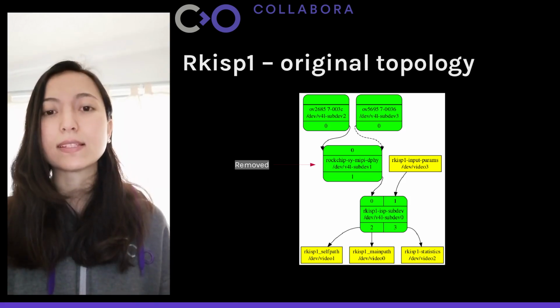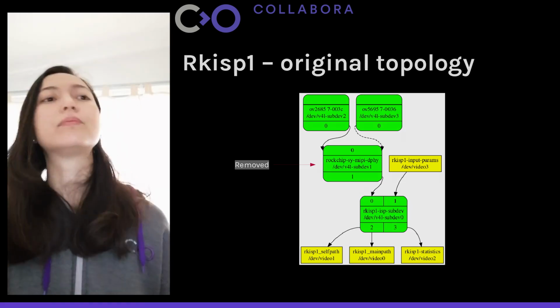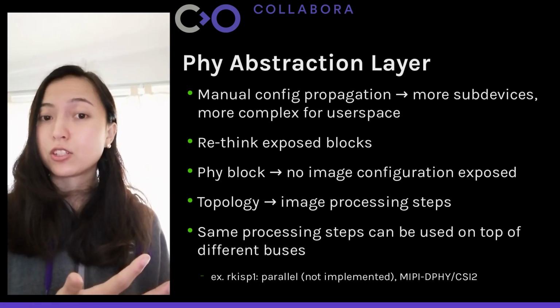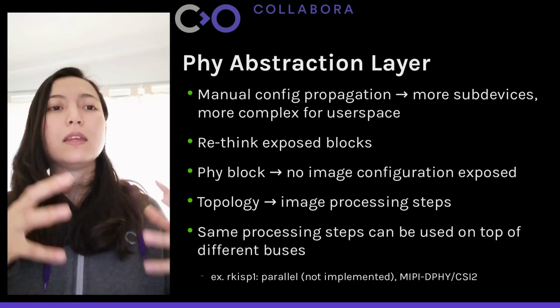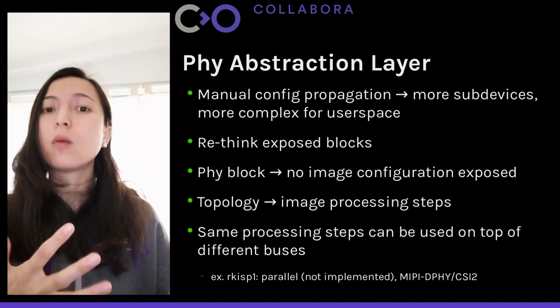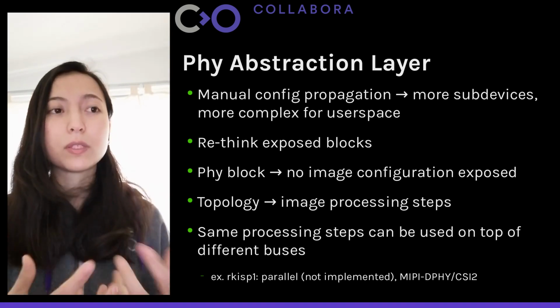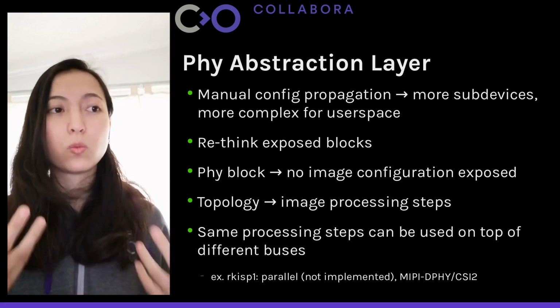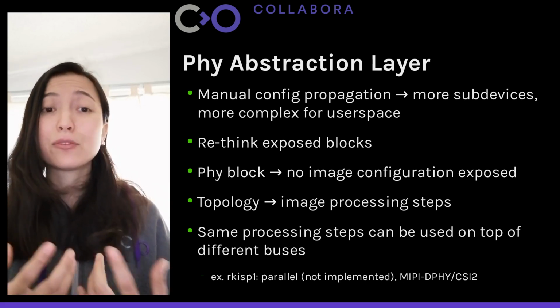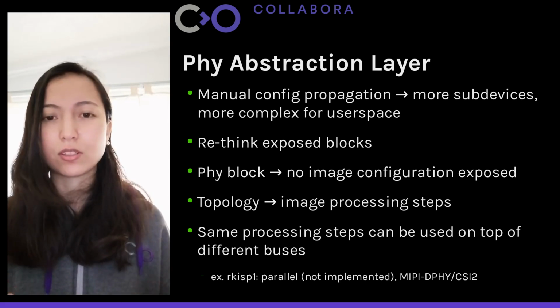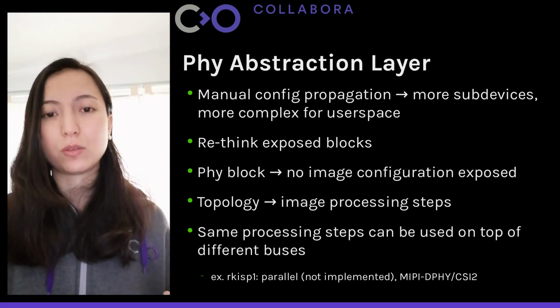So this block represents the MIPI DPHY bus, right? In the manual configuration propagation, as we saw, if we have more subdevices, more complex for user space. So we need to rethink a little bit more about which blocks we want to expose, and the file block there doesn't expose any image configuration, this just represents a connection point.